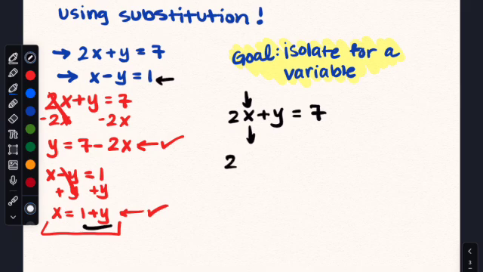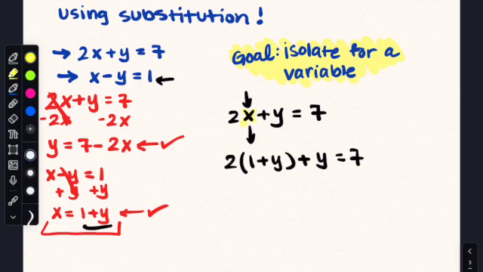So we're going to do 2 times (1 plus y) plus y equals 7. I really want you guys to understand that all I am doing with this x value is substituting 1 plus y because that's what I found here. If you guys found for y 7 minus 2x, you'd plug that in for y instead of for x. So whatever variable you ended up isolating for, that's the one that you are going to be substituting.